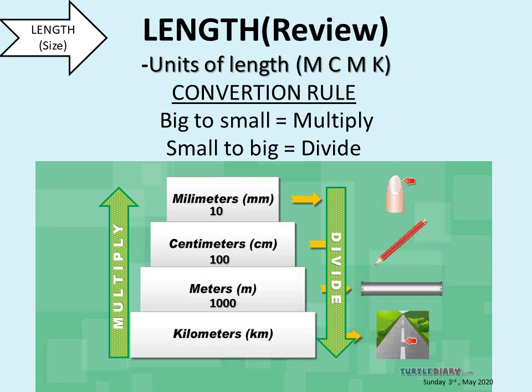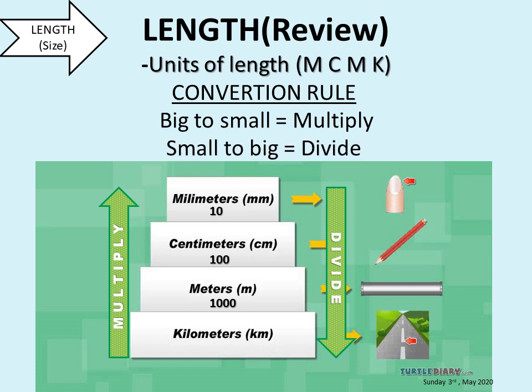So, in essence, if I want to change a unit from kilometer to meter, I will have to multiply because I'm changing a big block to a small block. But if I'm changing a small block to a big block, I will need to divide. Do not forget these conversion rules.